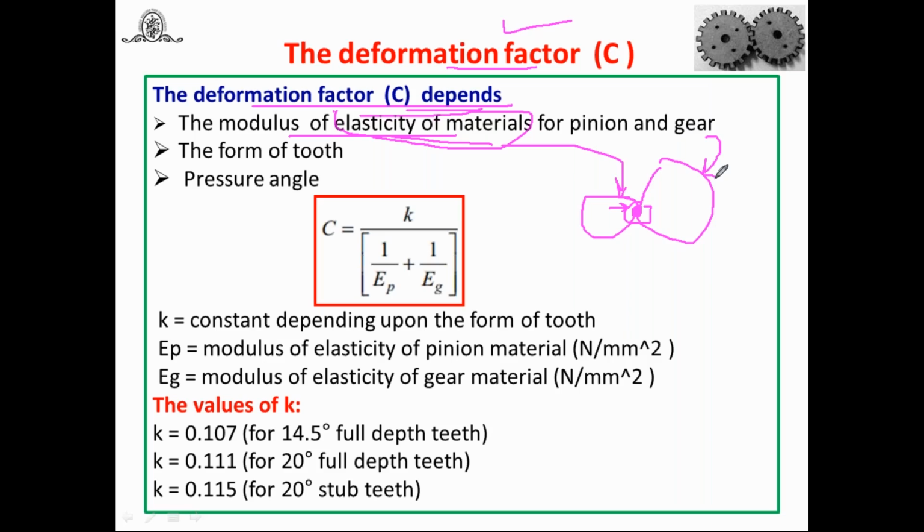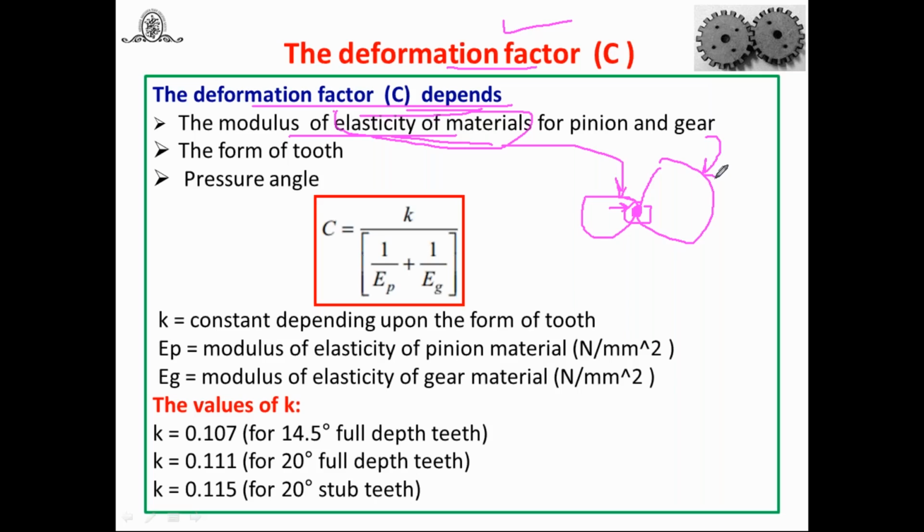And you know very well, in an earlier session we have already discussed, while designing gears, maybe spur gear or pinion, you have to decide which one is the weaker one. If the same materials are used, the pinion is always weaker. If different materials are used, you have to decide whether the pinion is weaker or the gear is weaker.